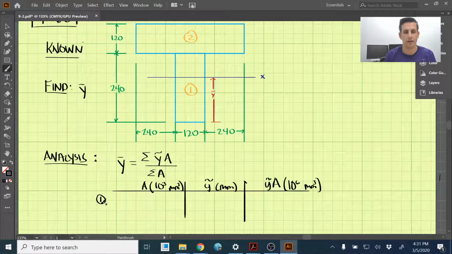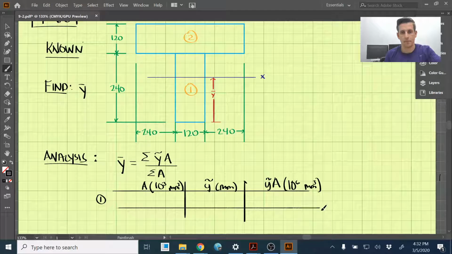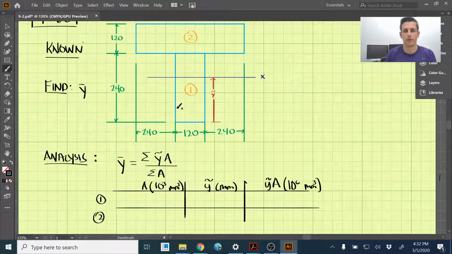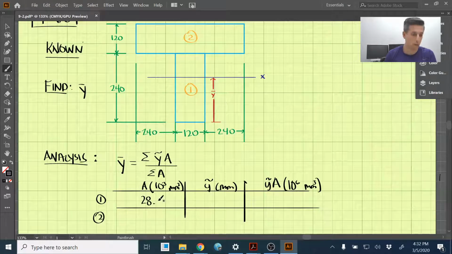And then we have our shape 1 and our shape 2. Okay, so the area of 1, that's this shape here, we have 120 times 240, and that comes out to be 28.8 times 10 to the third millimeters squared.